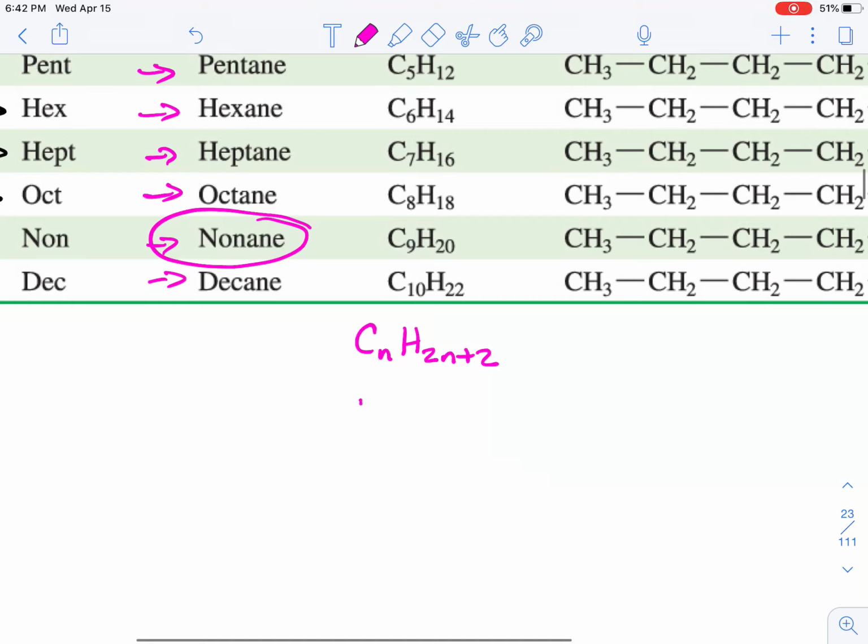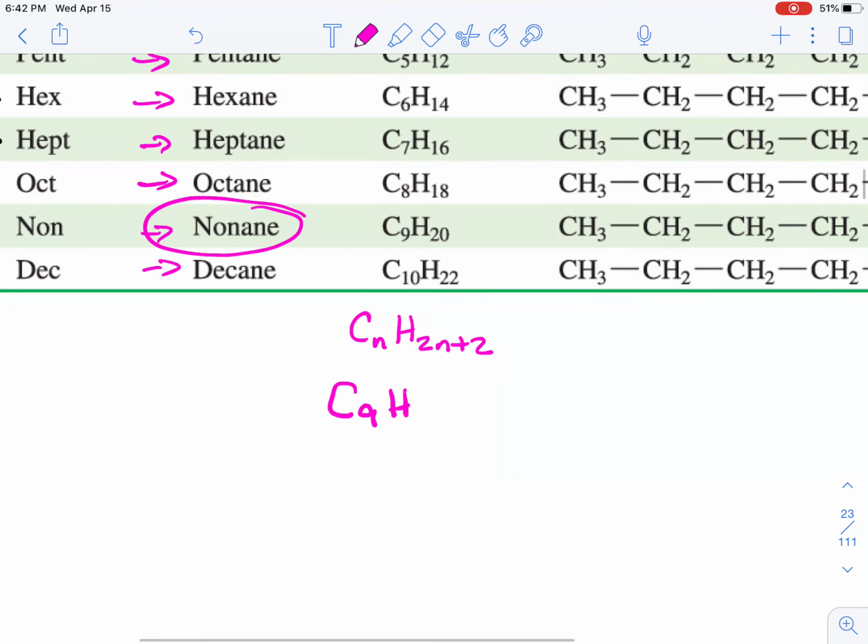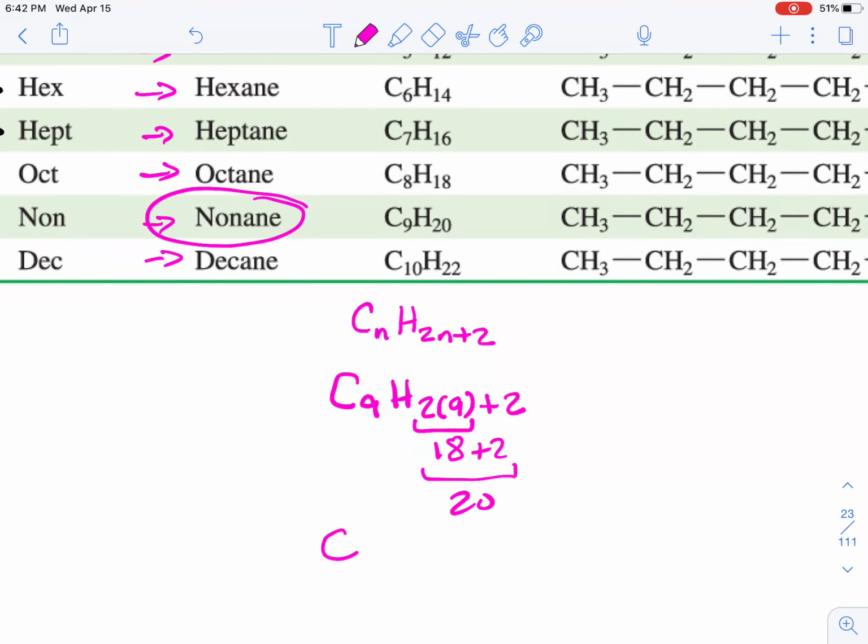If we have 9 carbon atoms, then the number of hydrogen atoms for it to be saturated is 2 times 9 plus 2. 2 times 9 is 18, 18 plus 2 is 20. And so the chemical formula for nonane is C9H20, which is what we find here.